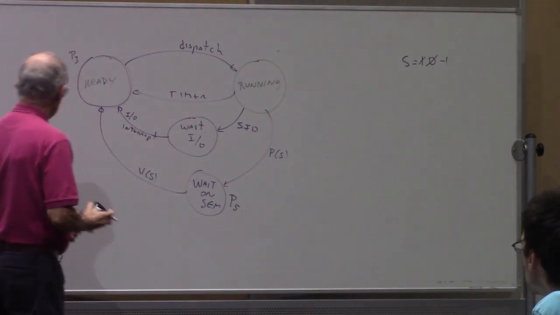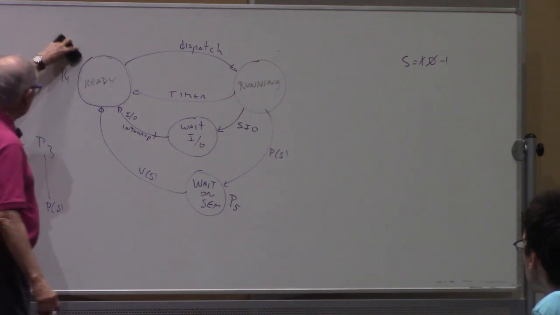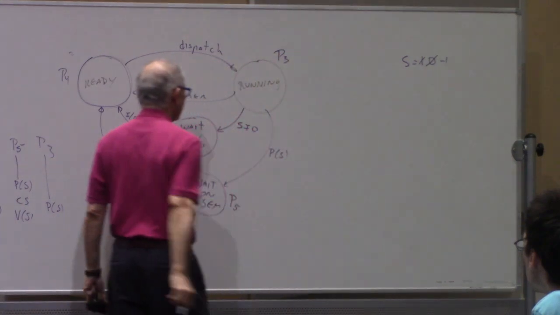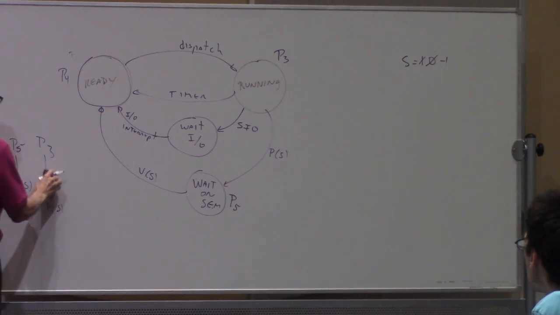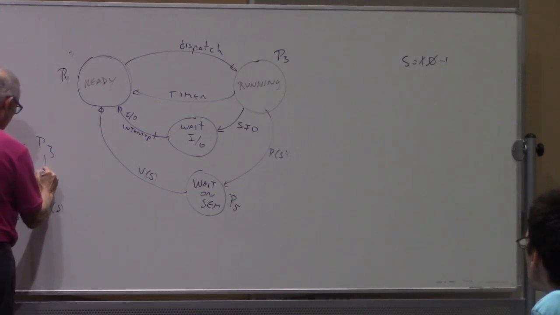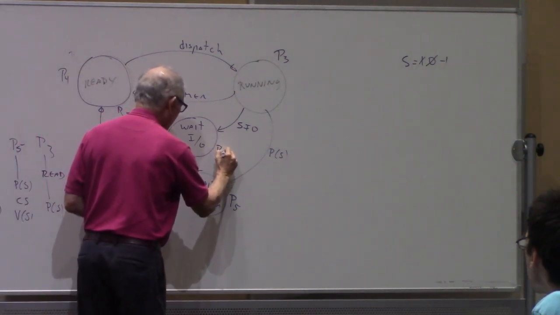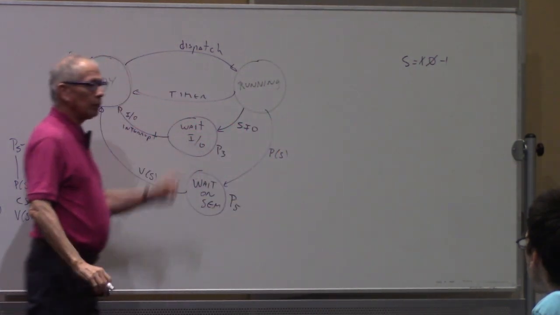CPU is idle. So we dispatch P3, let's say. P3 is running. And let's suppose that P3 has a read operation here. That is an SIO, right? Transferring to SIO. So P3 comes here. CPU is idle.